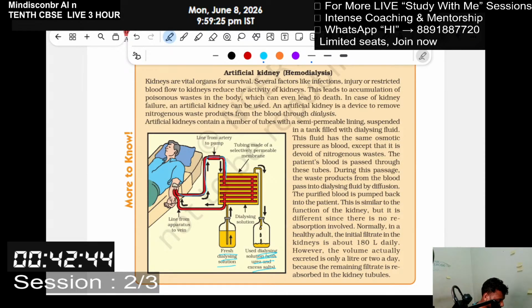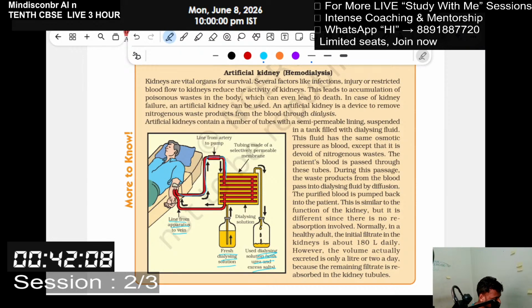So what happens is that when this blood comes in contact with the fresh dialysing solution, osmosis occurs and the nitrogenous wastes such as urea and uric acid will get converted into the used dialysing solution, and the purified or filtered blood goes to this pump and is pumped through a vein, a line from the apparatus to the vein.